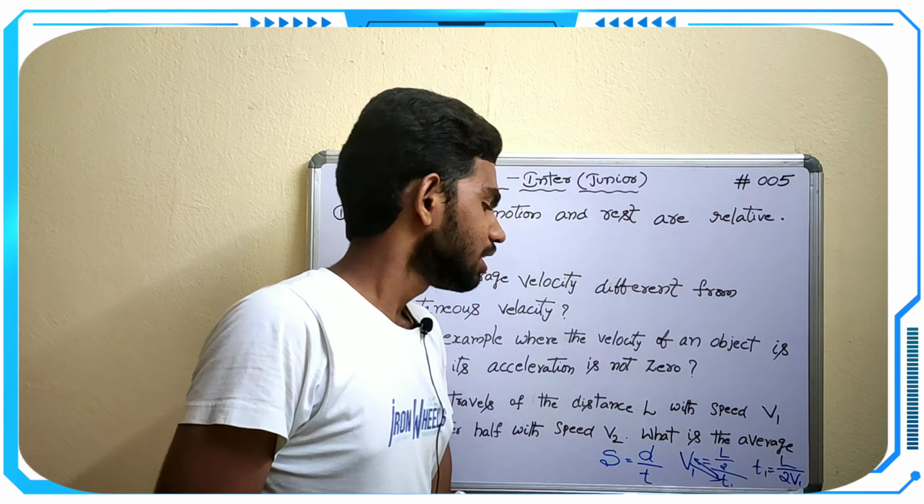Here these two come upside and L cancels. So L and L cancel, but this 2 into this 1 by 2 is there. So 1 into v1 plus v2 and 2 into v1 v2. Then these will roll up, so 2 v1 v2 by v1 plus v2. This is the average speed, friends.